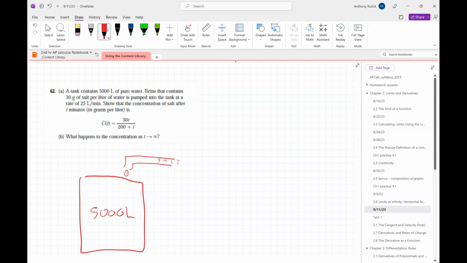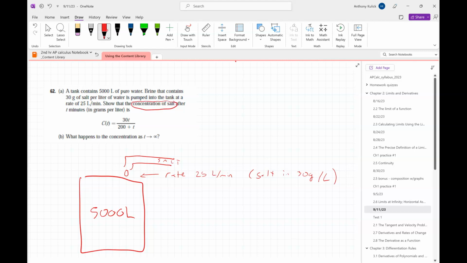The rate at which it's being added is 25 liters per minute, and the salt is 30 grams per liter. Everybody so far so good with just what I've drawn? Okay. So it wants the concentration of the salt.